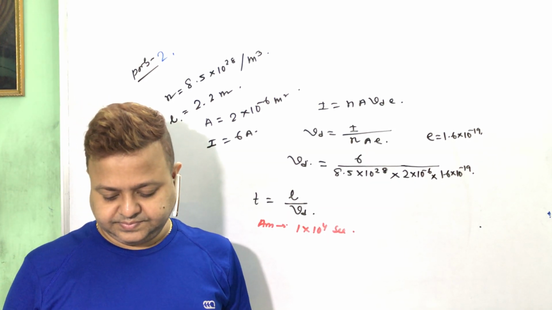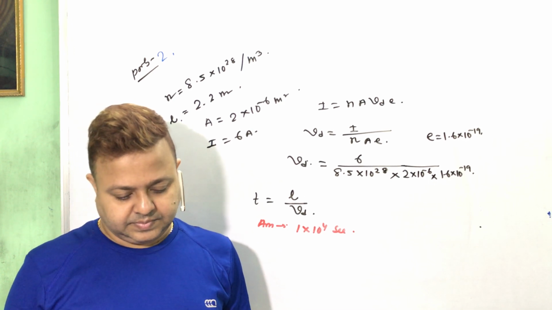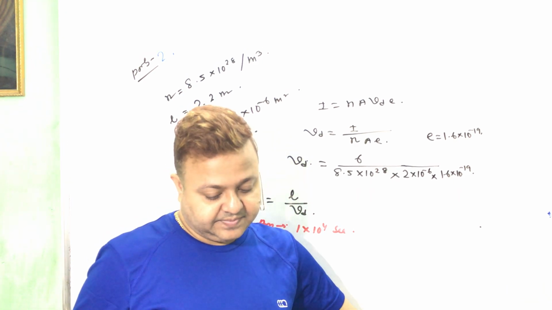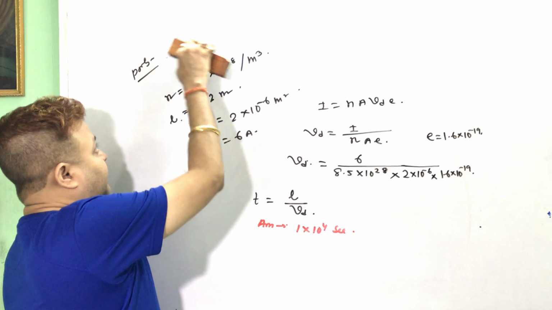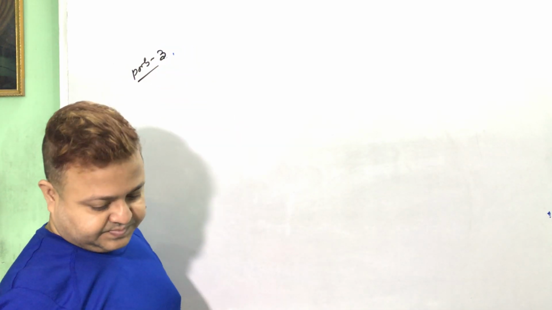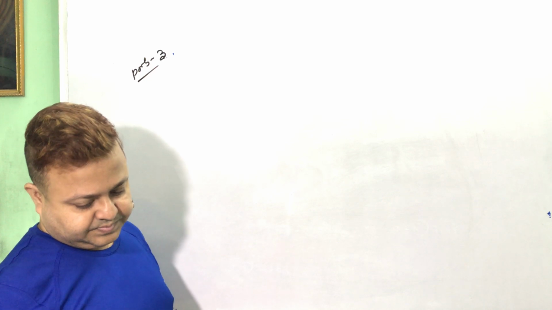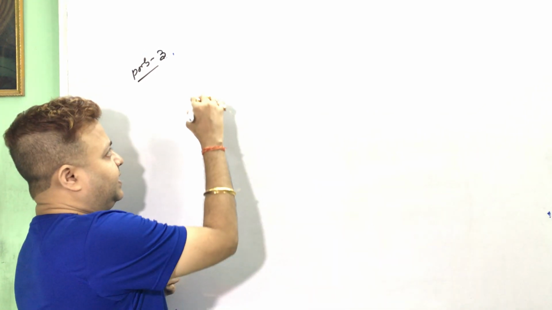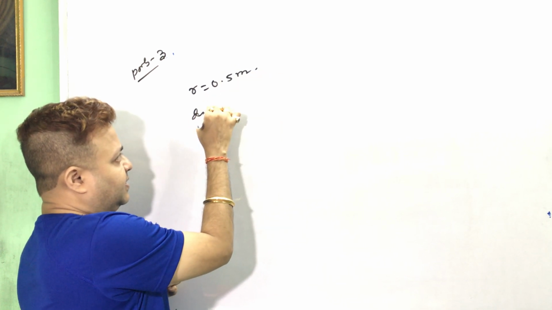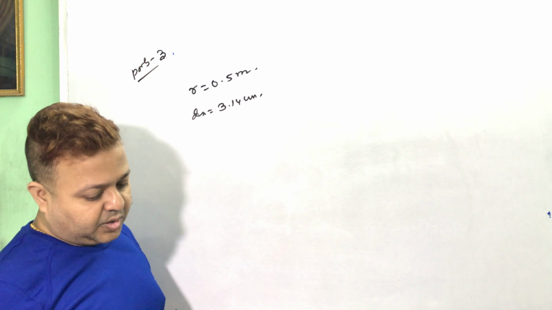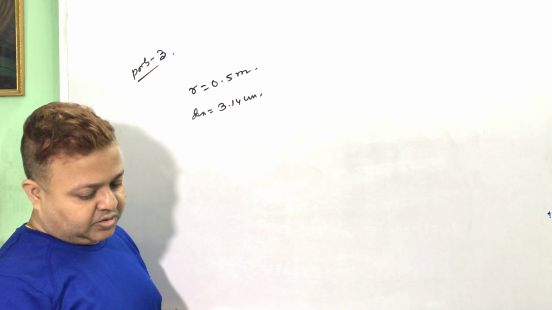Problem number 3. Calculate the resistance of a circular disc of radius 0.5 meter and thickness 3.14 centimeter, across its opposite faces.